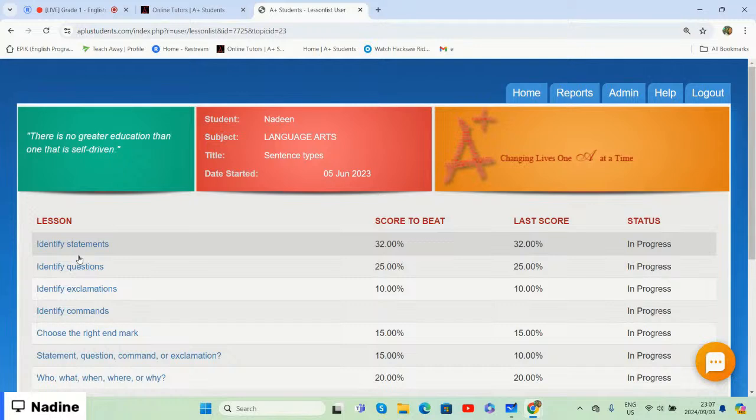Each sentence ends with a certain end mark, and there is also a specific reason why or how we can use that specific type of sentence, and how we can choose the right end mark for whichever sentence type we might use.